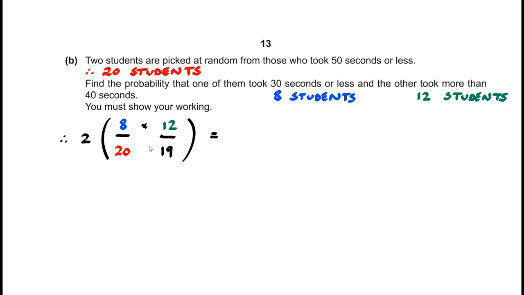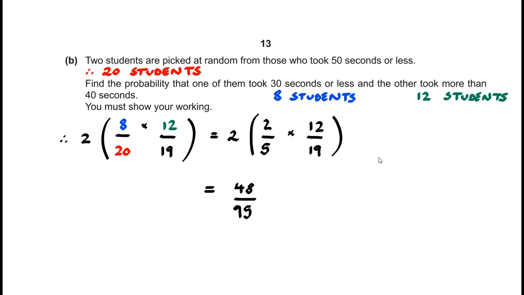So 8 over 20 can be simplified to 4 over 10, which simplifies to 2/5. So we have 2 multiplied by 2/5 times 12 over 19, which simplifies to 48 over 95.